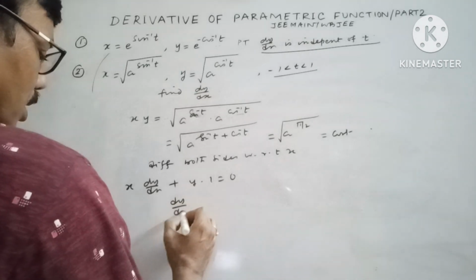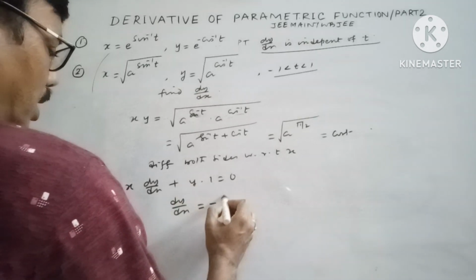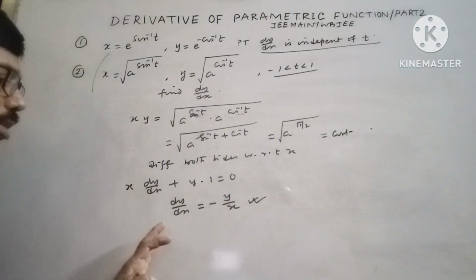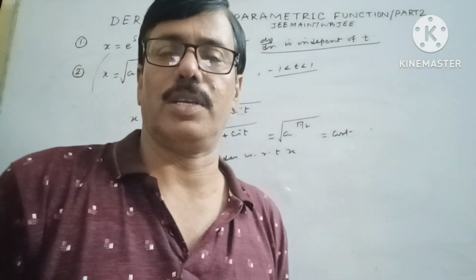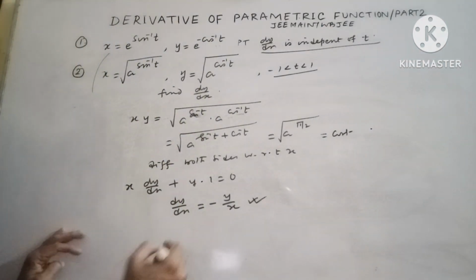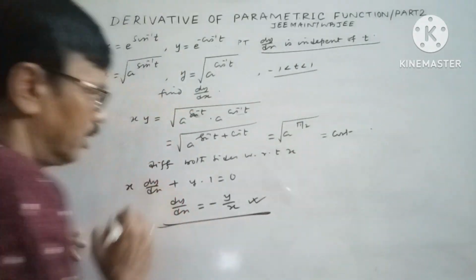So dy by dx equals minus y by x. Sometimes you have to prove it: dy by dx equals minus y by x. So this is our final result.